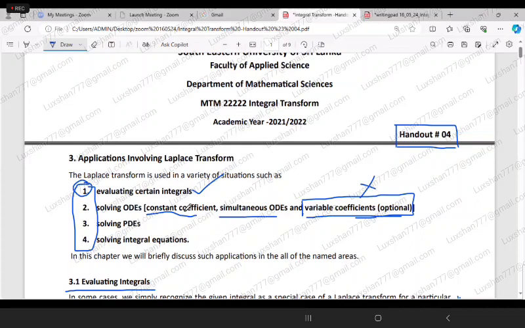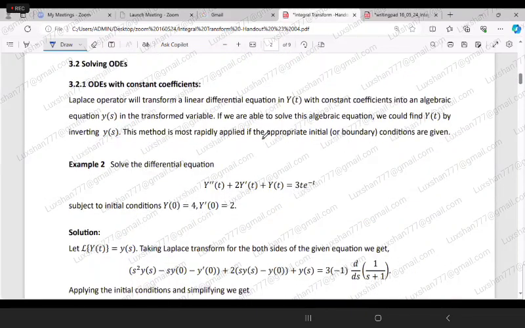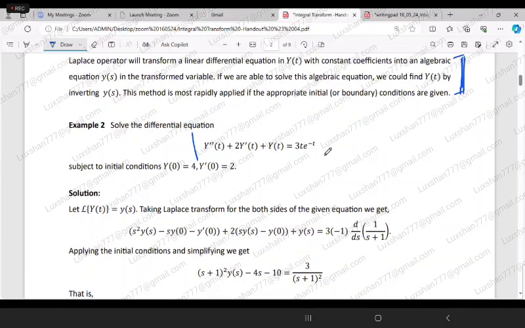So constant coefficient means what? All the coefficients are constant. So look at an example here. Later you will understand what it is. We are going to discuss y double dash t plus 2y dash t plus yt equal to 3 times t into e to the power minus t, and the initial condition is important.